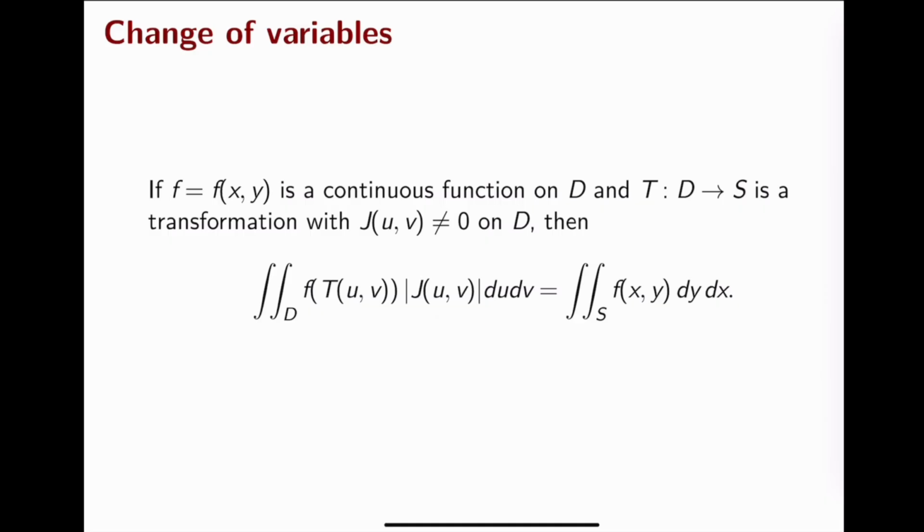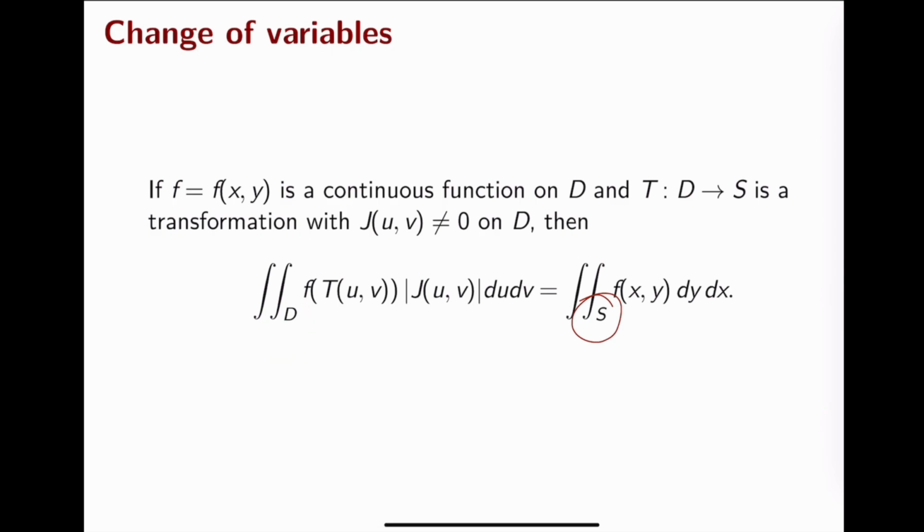So an integral depending on x and y is going to be equal to the integral of the function, but over the transform domain here. Observe that if we have here the domain D, we are going to have here the domain S, so the transform of the domain.